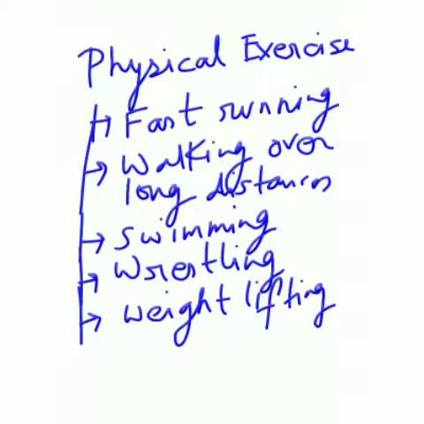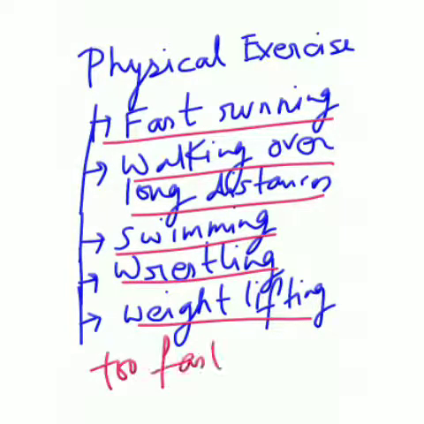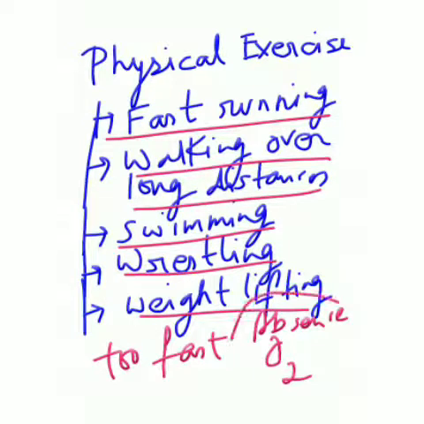During continuous physical exercise such as fast running, walking over long distance, swimming, wrestling, weightlifting, etc., our muscles work too fast and do not get enough oxygen, and in this situation our muscles are working in the absence of oxygen. Understood? So for certain time in our muscle, anaerobic respiration can take place that provide us extra energy.